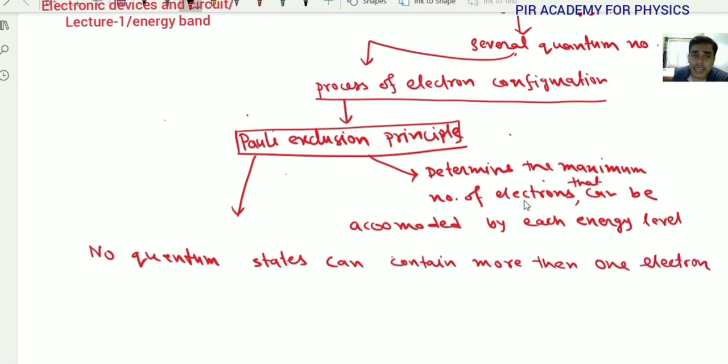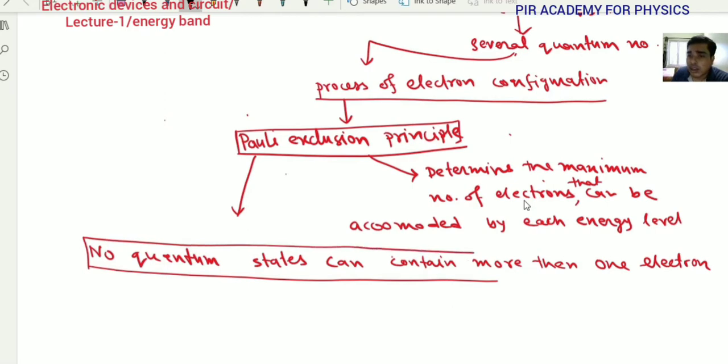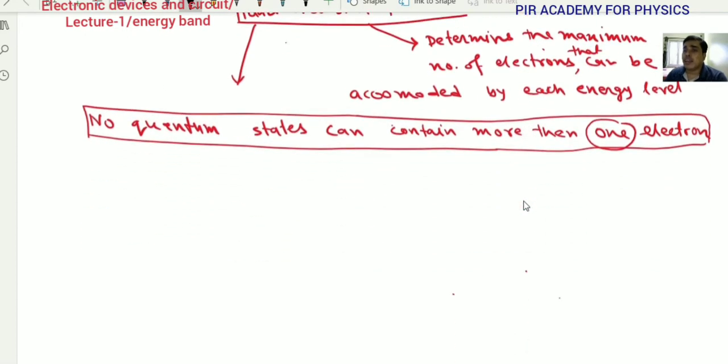So here the Pauli exclusion principle says that each quantum state can contain only a maximum of one electron. That means one quantum state can contain only one electron.